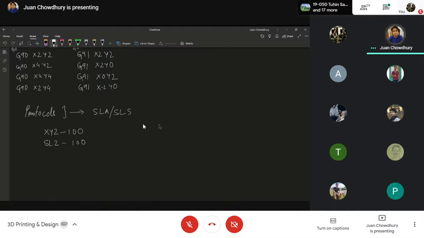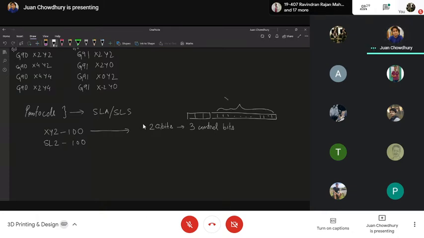So what happens in the XY2 protocol? In the XY2 protocol, the microprocessor allocates 20 bits. What is a bit? A bit is nothing but one piece of information, if you remember ones and zeros. The first three are control bits. The next 16 bits are X, Y, and Z information bits.